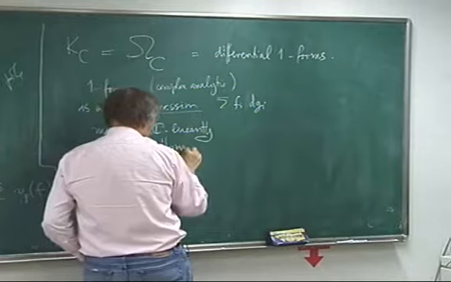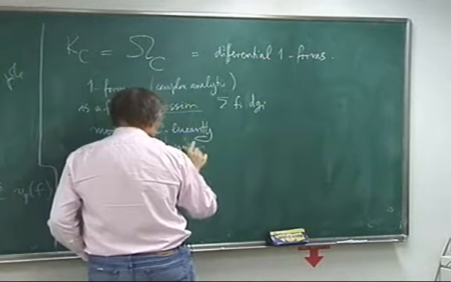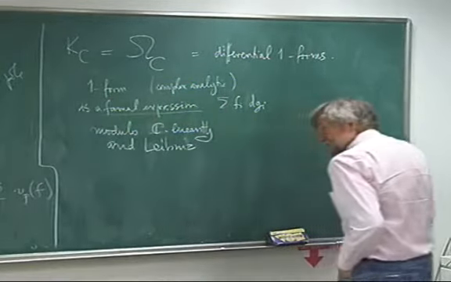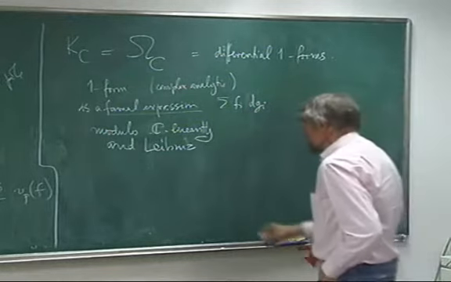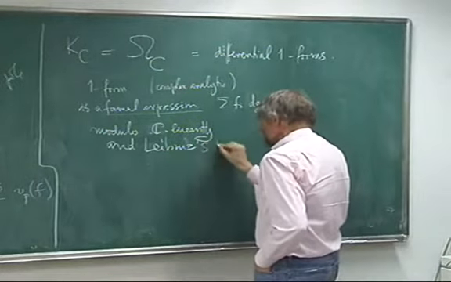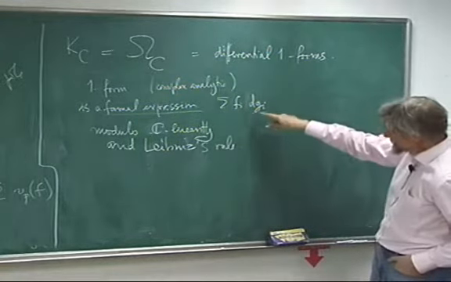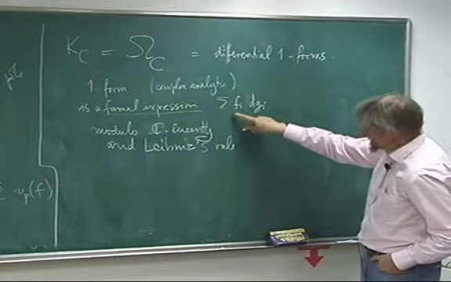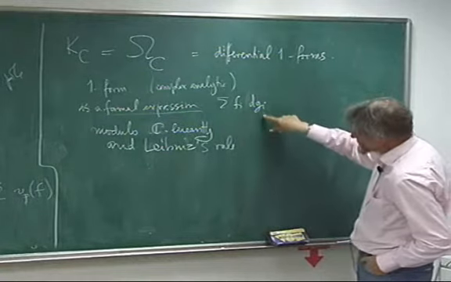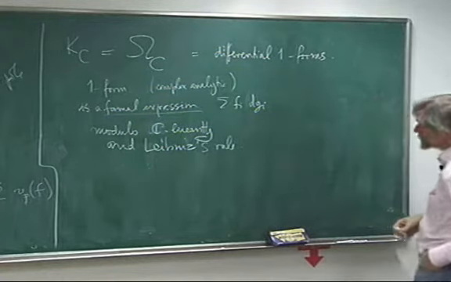I'll explain this a little bit more at the moment. So you should really think of one forms as being something that you already know from Leibniz's rule. So you already know this from calculus. The thing that you integrate is not a function; it's a differential one form. It's a one form.